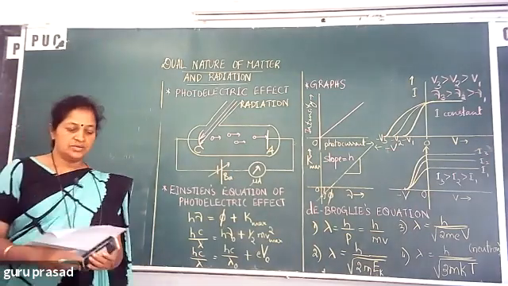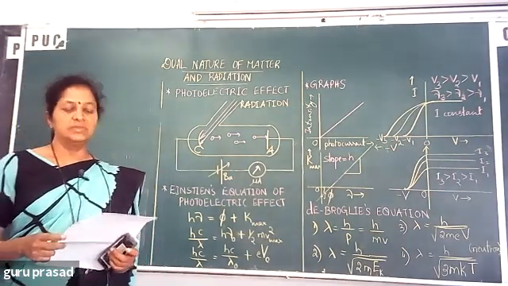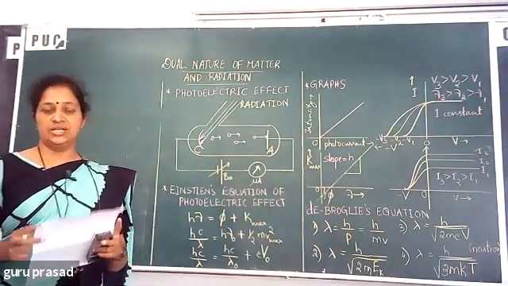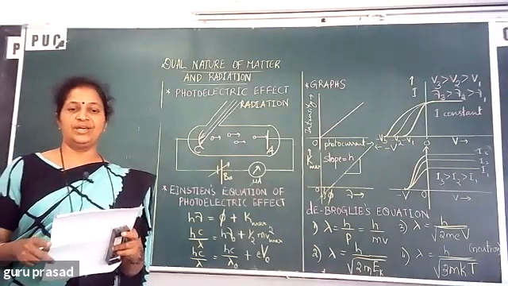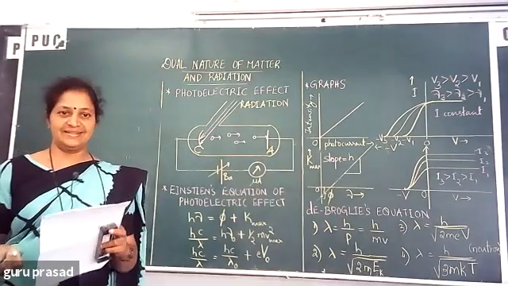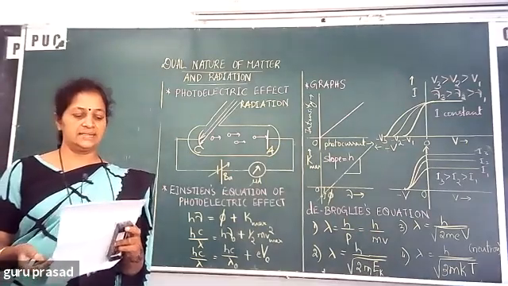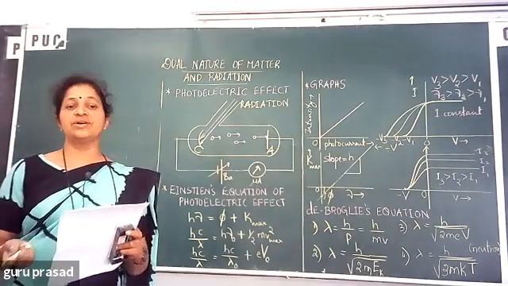Okay, so in the photoelectric effect, first question: the current increases with increase of frequency? No, frequency increasing means kinetic energy increases. Maximum kinetic energy. Current decreases with increase of frequency?